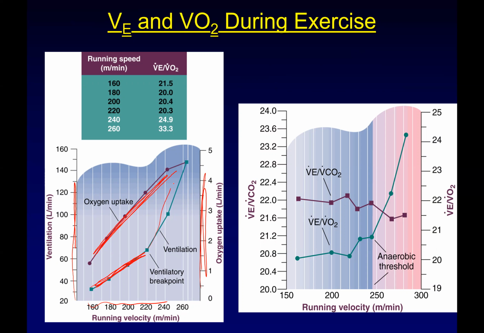But then you're going to get to here and the slope of that increase in breathing changes, and you can note that the slope tends to become much, much steeper. Okay. This point right here is the ventilatory breakpoint. What that tells us is that somewhere, maybe about right here or so, we began to make lactic acid. That began to get buffered by the bicarbonate ions, and that drove an increase in breathing. Okay.